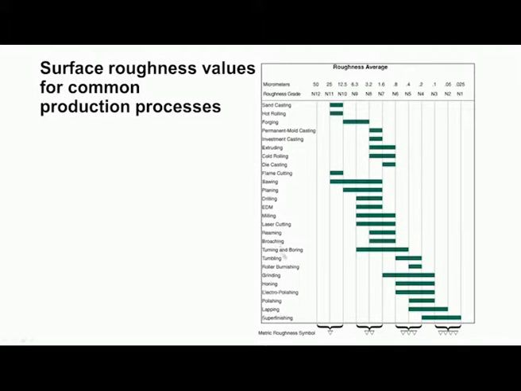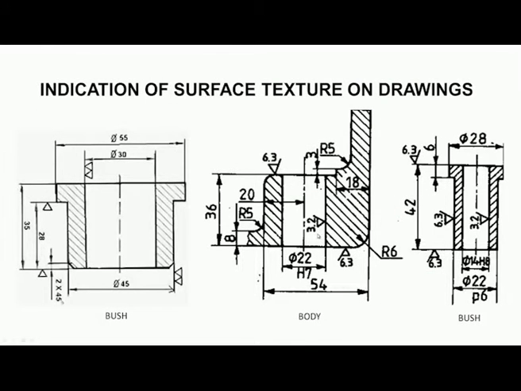You can see here drilling operation can provide us with roughness varying from 1.6 micrometer Ra to 6.3. So, here we have mentioned 3.2 micrometer Ra. So, this hole can be produced by drilling operation, and here it is 3.2 micrometer Ra.